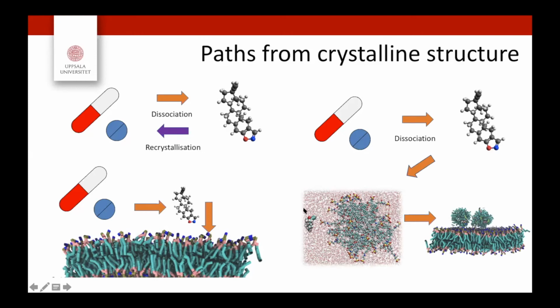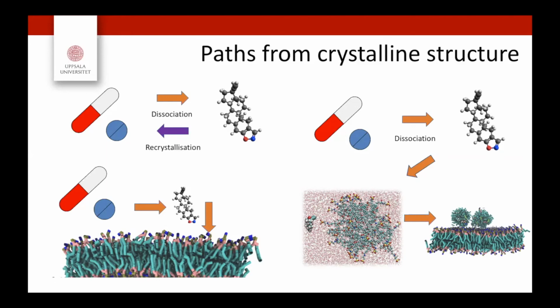So for one specific molecule, the API, we consider all these different steps, and then we also study how likely it would go from the micelle to the membrane when the micelle sits there. Again, there might be different phenomena here. It might be a fusion or endocytosis or something.